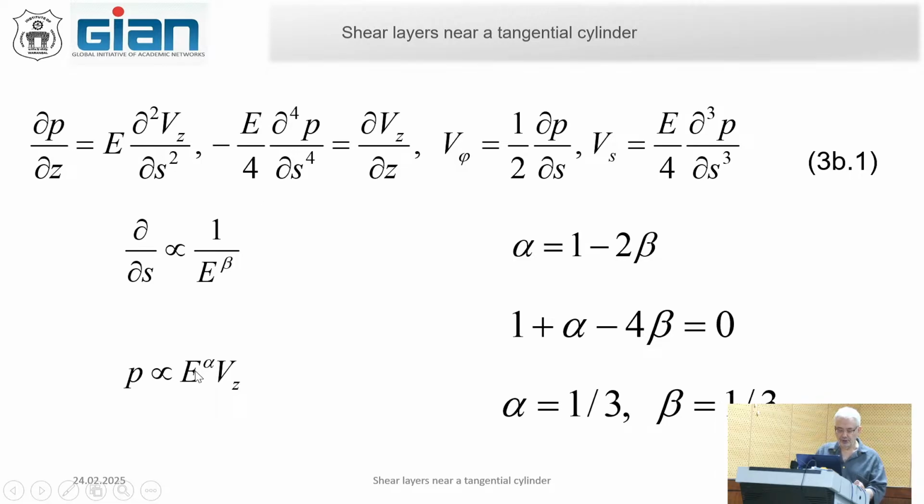And if we scale the pressure as somewhat smaller part of the velocity in the direction of the axis of rotation, and we make this scale alpha, a perfect balance between these two terms in this equation and two terms in this equation requires this simple linear relation: alpha is equal to 1 minus 2 beta.